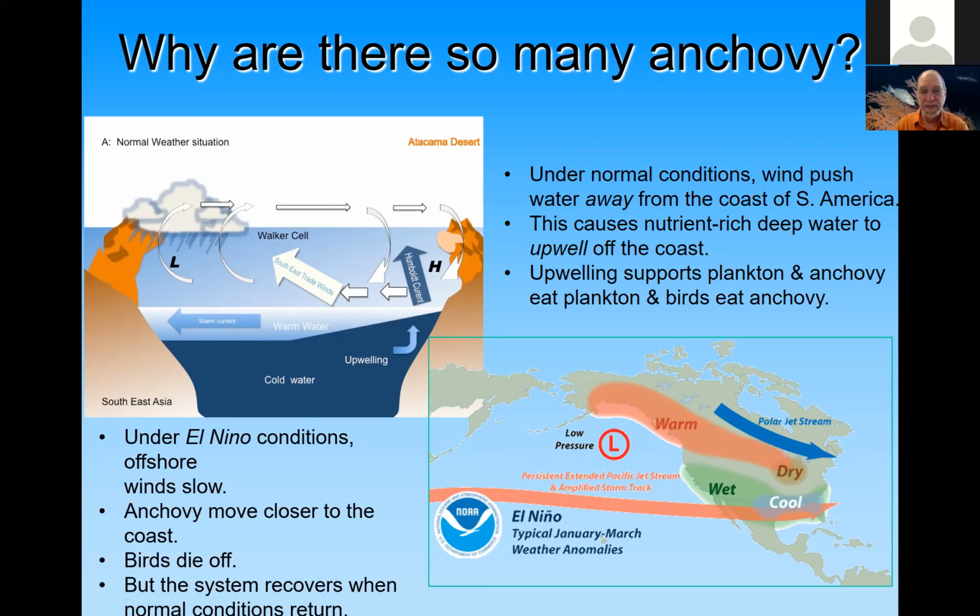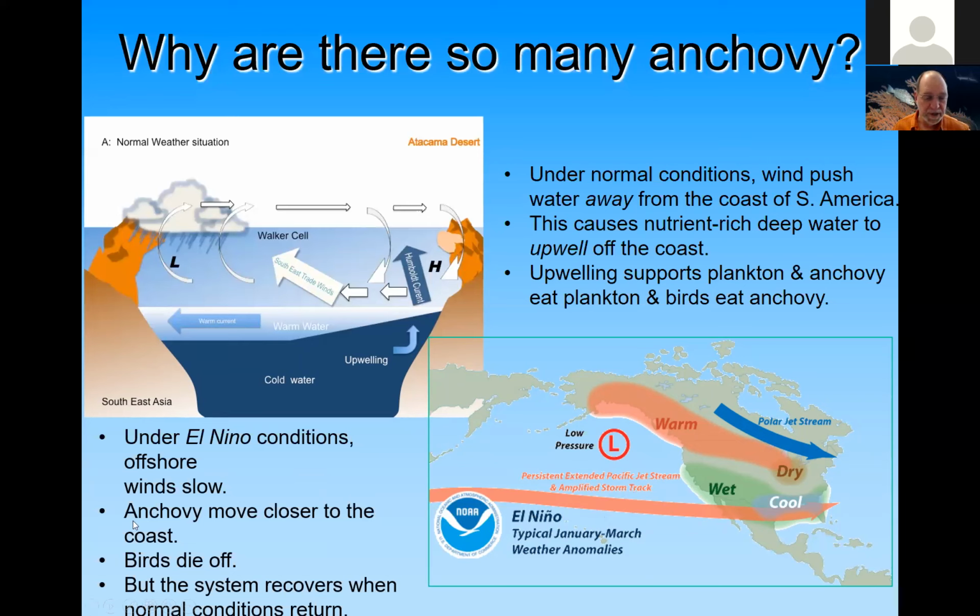So this tightly coupled food web breaks down when the supply of nutrients fails. This is a classic example of how ocean ecosystems are dependent on environmental factors. And in this case, the environmental factors are dynamic. They're changing, on decadal scales, with the occurrence of El Nino years.